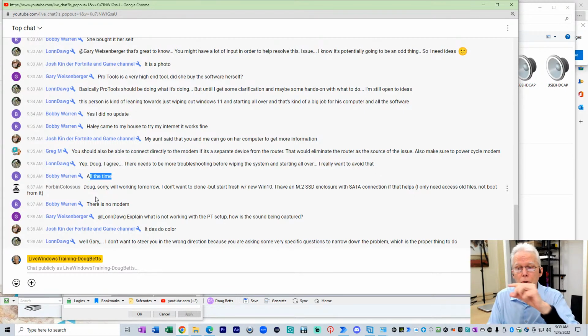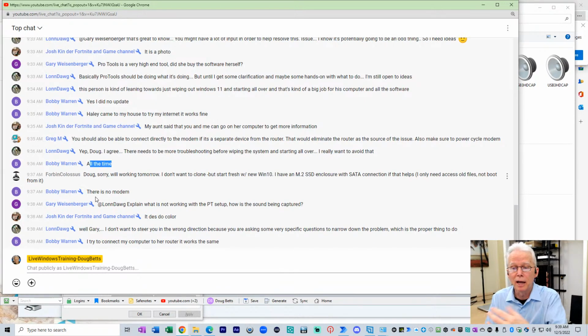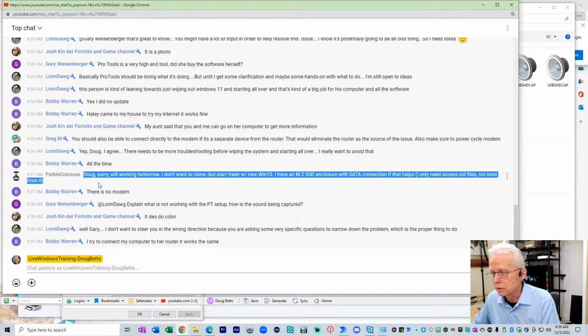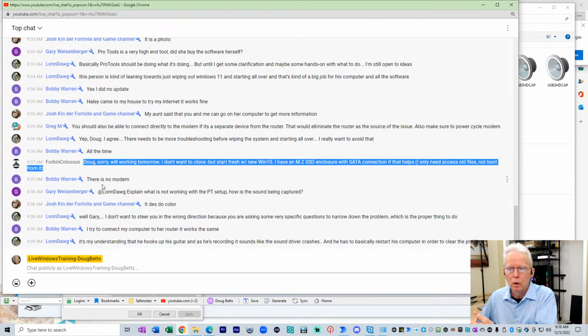Plug her computer directly into the ISP's router, and is the problem still present? If it is, then yes, it's the ISP. If it's not, then it's the router. Replace the router, bada boom, bada bing, Bob's your uncle, and you got it fixed. Or do you have a loaner router, or an obsolete router somewhere else that can be tried connected to her modem?